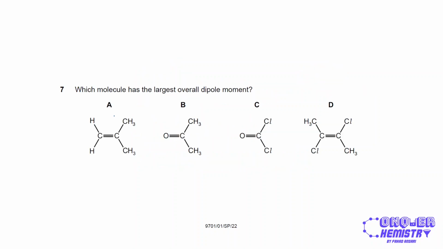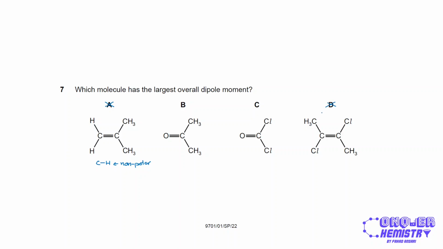So which molecule has the largest overall dipole moment? Well, in this case, it's not going to be option A because it only contains bonds between carbon atoms or carbon-hydrogen bonds, and we know that C-H bonds are considered to be non-polar. It's not going to be option D either.